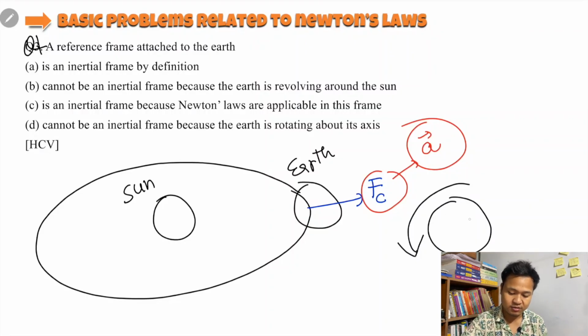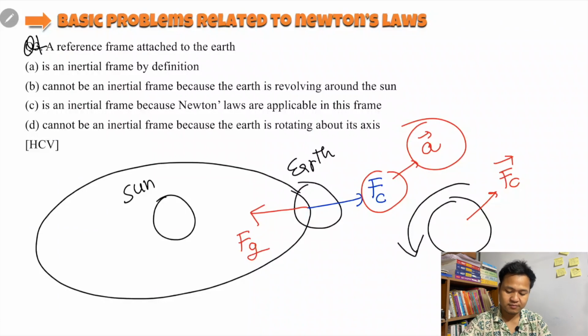Everything on the earth also experiences this force, which is a centripetal force. The force of gravity is also there. So within the earth, the force of gravity is also there.